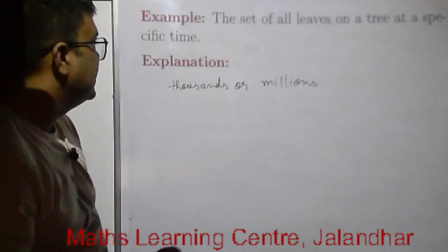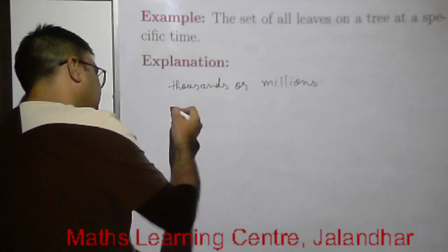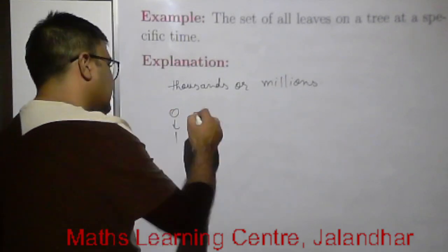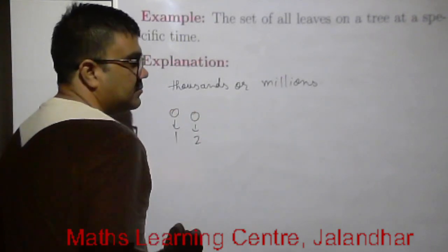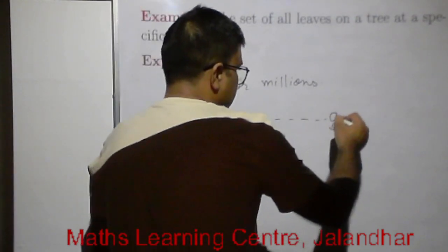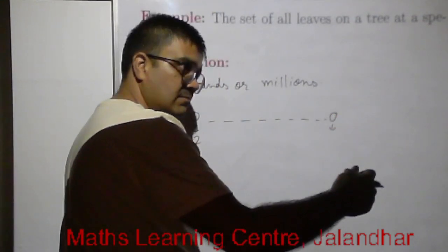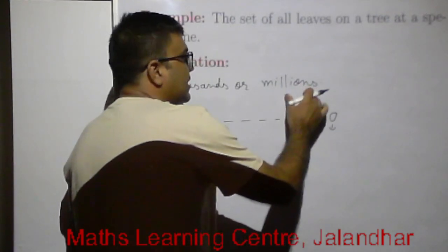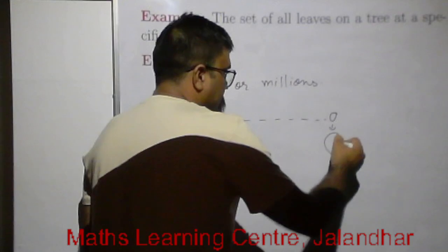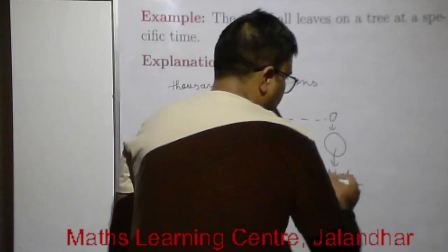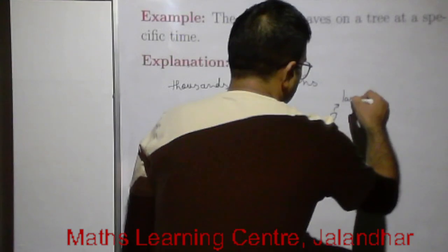If we start assigning the numbers, if we take the first leaf and assign it the number 1, take the second leaf and assign it the number 2, and continue like this, assigning the numbers to all the leaves, it may take some time to count those, but clearly we will have a final number. Some number will be assigned to the last leaf.